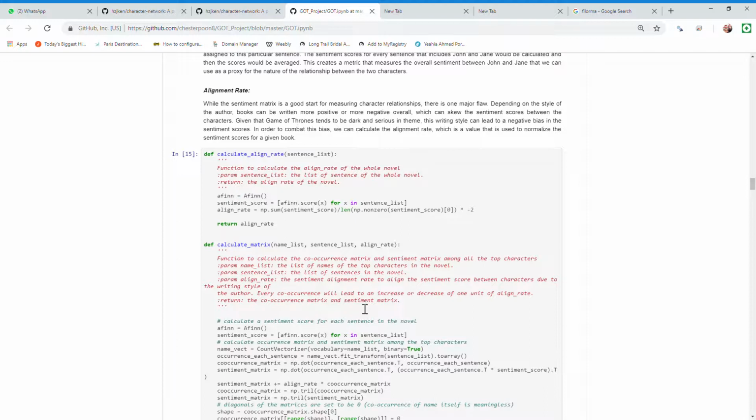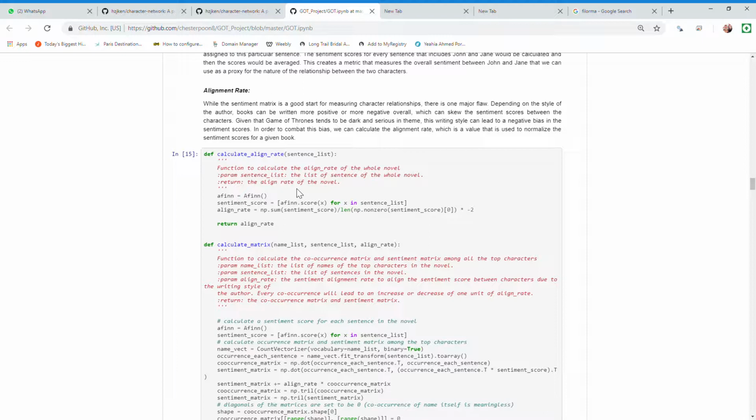But since books have different slants depending on the authors writing them, we first have to calculate an alignment rate. The alignment rate is essentially a mean overall score that we can use to normalize the scores in the individual relationships. So if a book has a very negative tone in general, we want to account for that in our relationships.